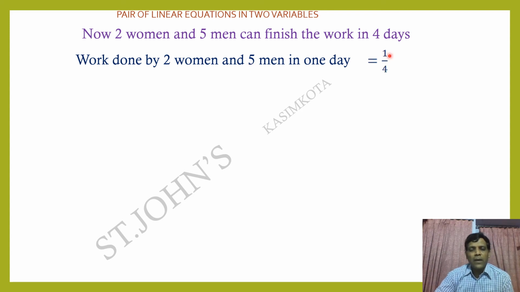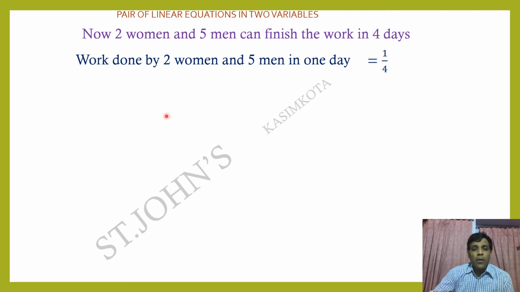Why? 1 day's work is 1 by 4, 2 days 2 by 4, 3 days 3 by 4, 4 days 4 by 4, 5 days 5 by 4. Here 4 days' work means 4 by 4, so it cancels and 1 work is completed.